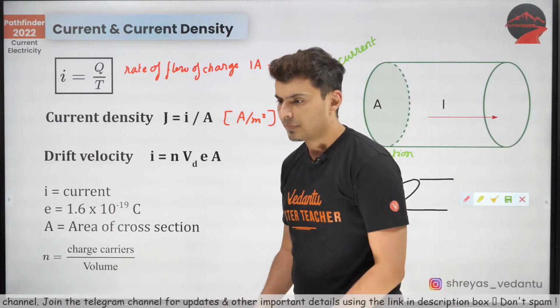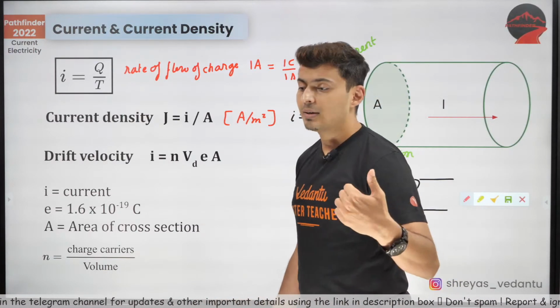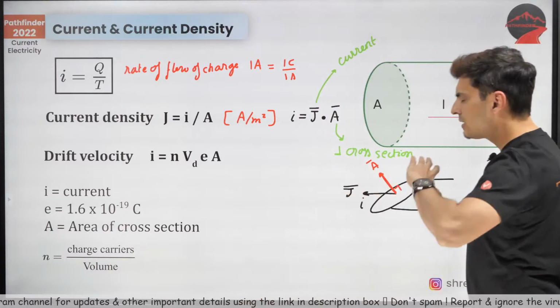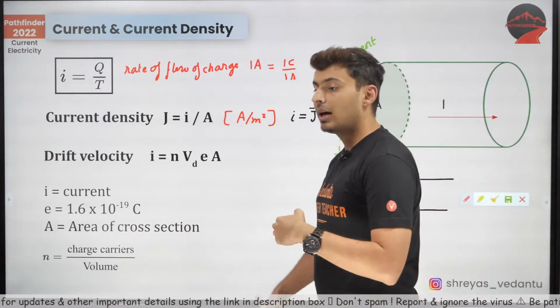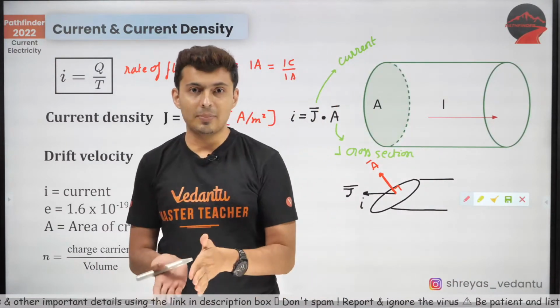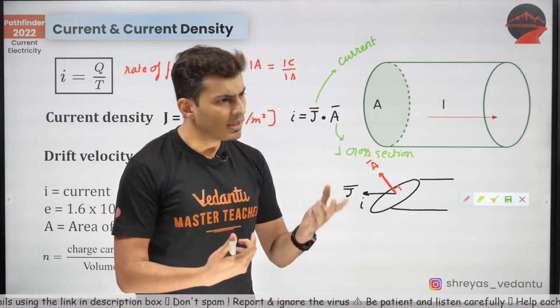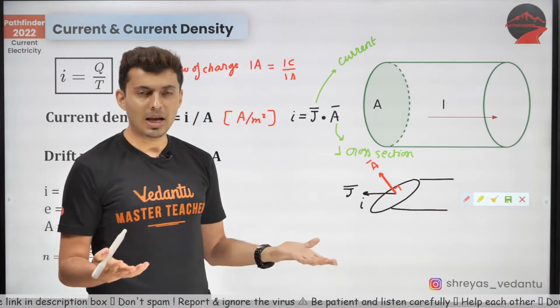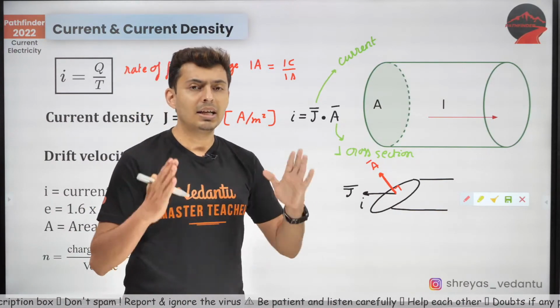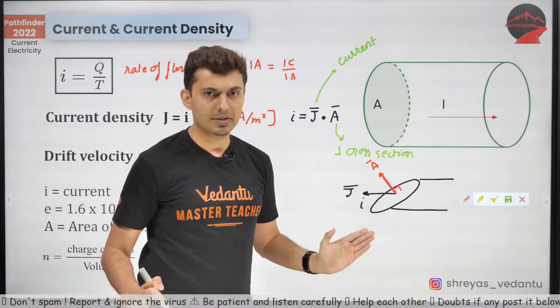Yep. Current is the flow of electrons or protons. So current is the flow of any charges. Okay, now in a conductor, it so happens that the electrons move. That's why the current is produced. But even if protons would have moved, current would have been produced, because at the end of the day, current is just the flow of charges.